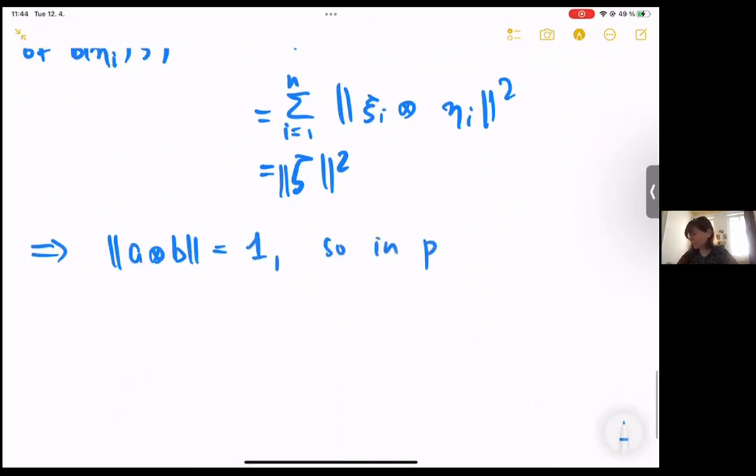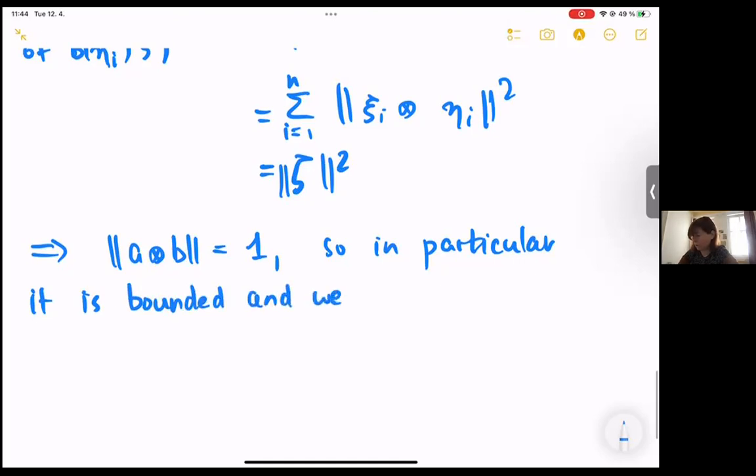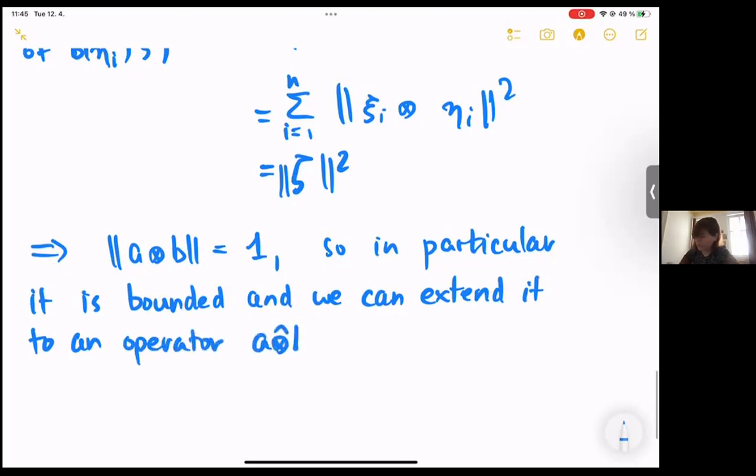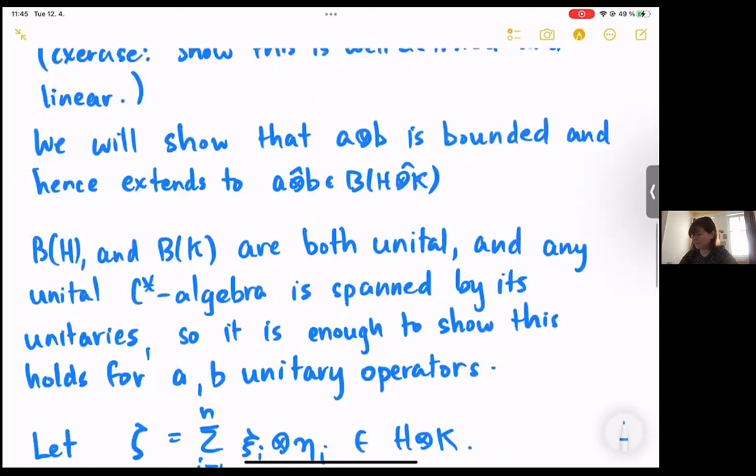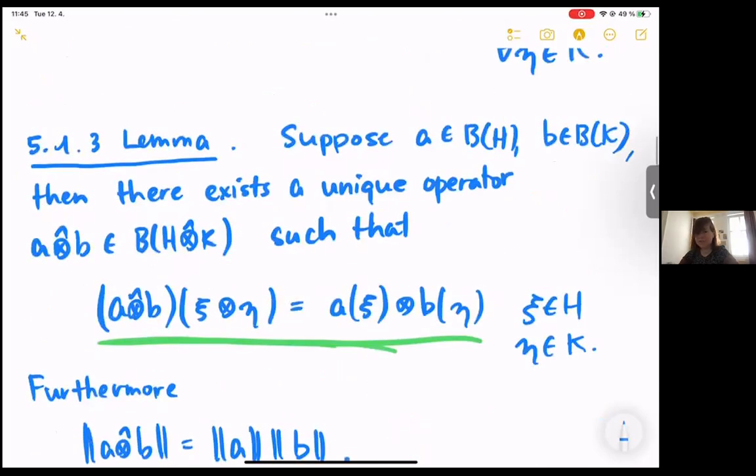So in particular, it's bounded. So we can extend it to an operator, which we will denote A tensor hat B. And this is evidently the operator satisfying this condition.